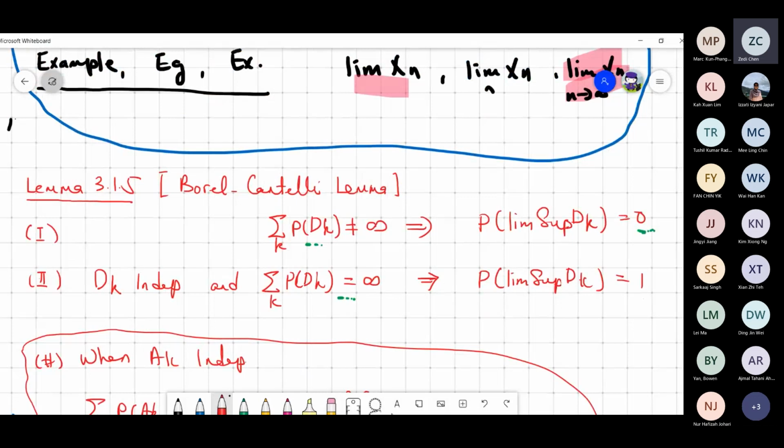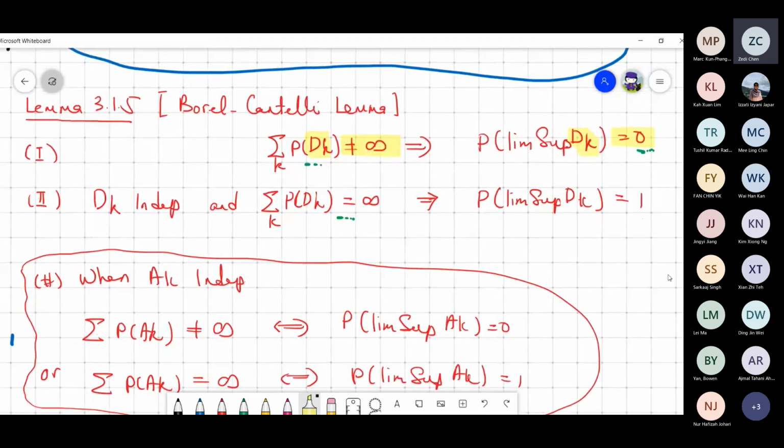Okay. So if this is not infinity, we're using this. When this is not infinity, this must be equal to 0. Okay. So for this sequence of events Dk, regardless of whether they are independent or not, we are taking Dk to be B intersect AK.